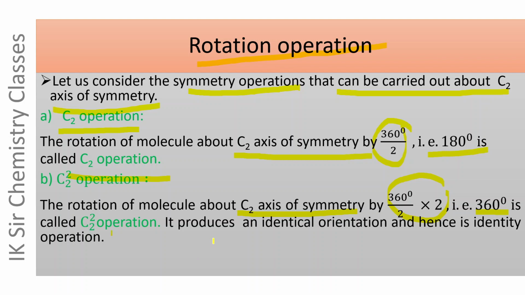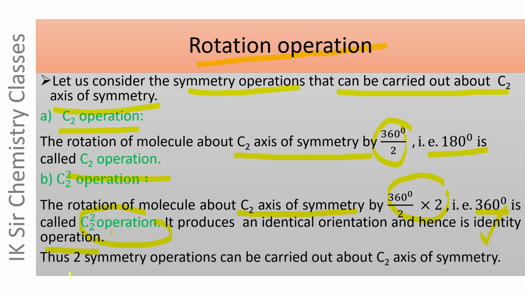It produces an identical orientation and hence it is identity operation. It produces an identical orientation and hence it is also called identity operation. Thus, two symmetry operations, C2 and C2 squared, can be carried out about C2 axis of symmetry.